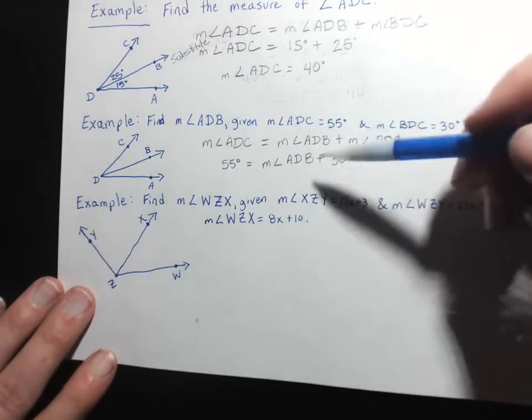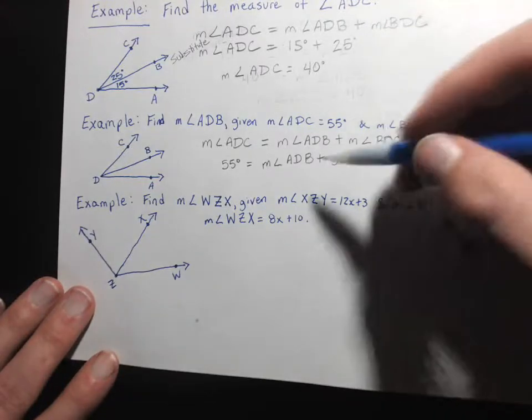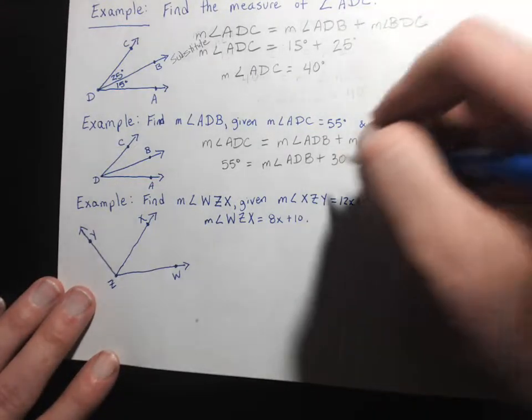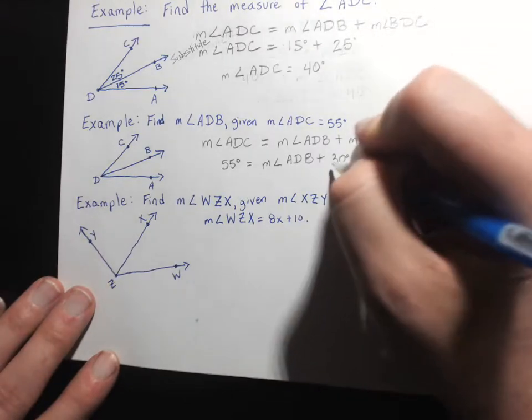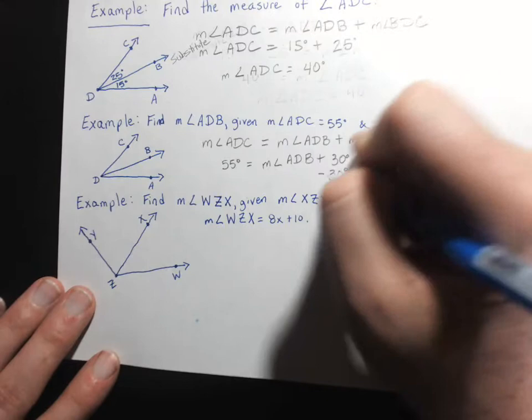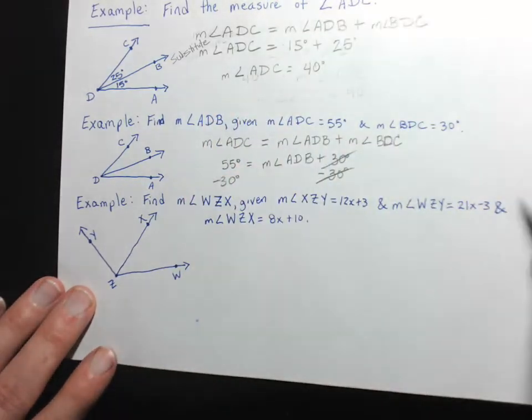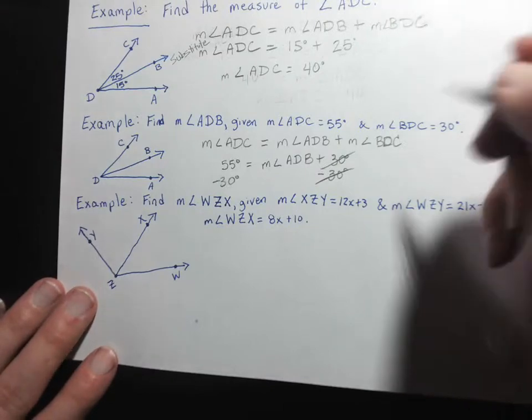At this point, we're trying to solve for the measure of angle ADB, which is not by itself. So just like we did in algebra, we're going to do a basic one-step equation here to get this by itself. So we're going to do the inverse operation, because we want to get 0 over here. So we're going to subtract 30 degrees on both sides. That's the subtraction property of equality.